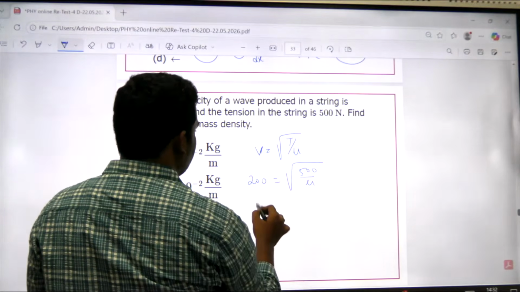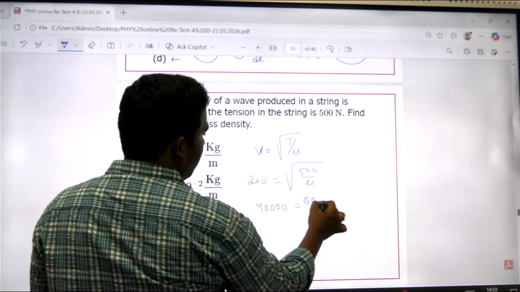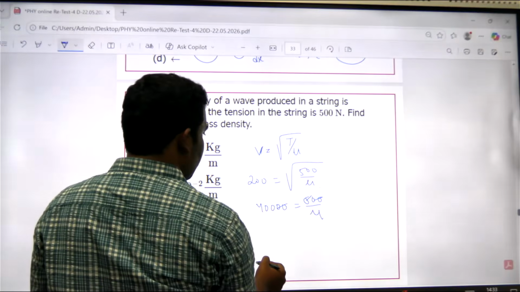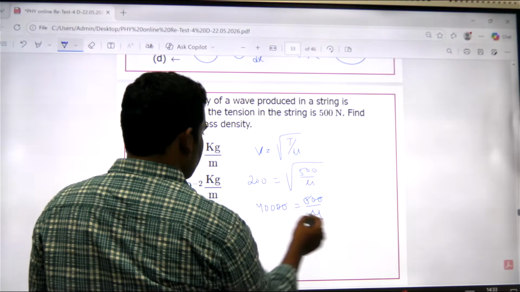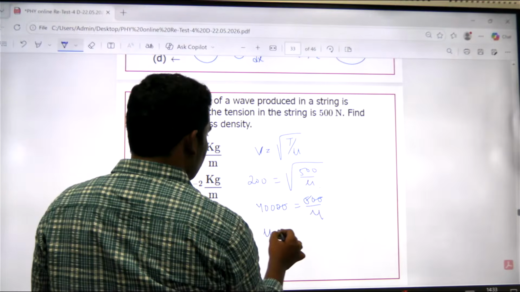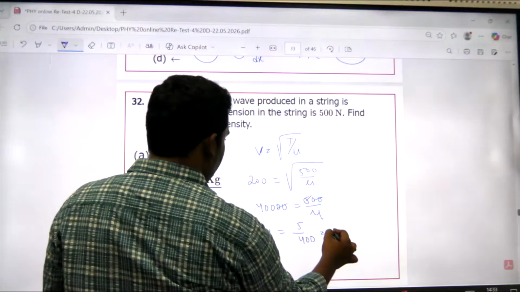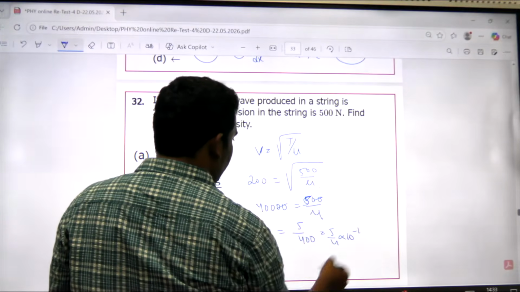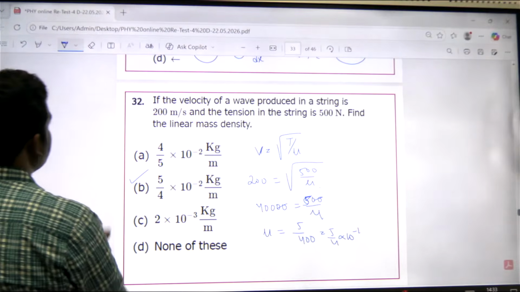So 200 equals under root of 500 by mu, which implies mu is equal to 5 by 400, which implies 5 by 4 into 10 power minus 2. 5 by 4 into 10 power minus 2. So it is option.